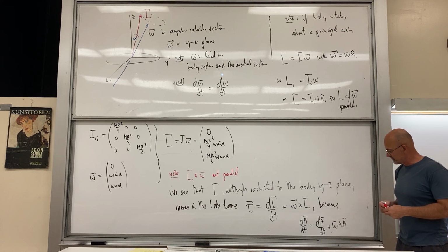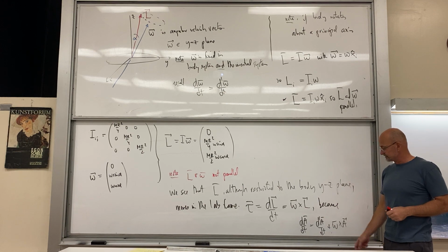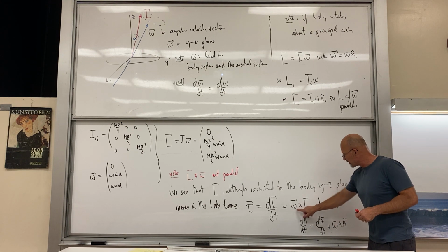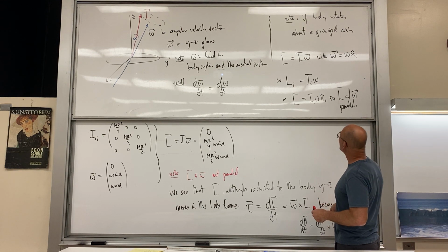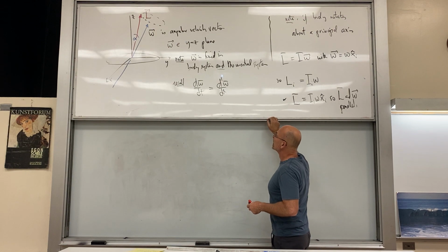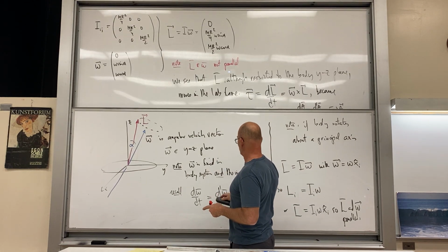The time derivative in the lab system versus in the body system. So we'll get that torque just by doing omega cross L. So that's our next task. This picture will keep up here.